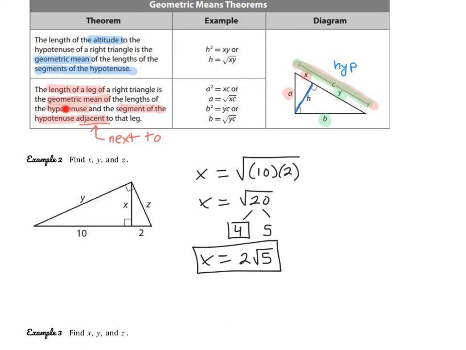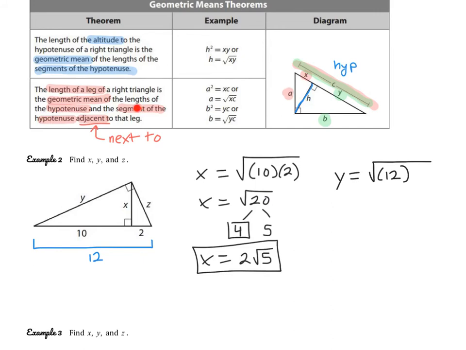So we're going to use the second one here. The length of the leg, so let's say y, is the geometric mean, so it's going to be the positive square root of the hypotenuse. Now here, remember the hypotenuse is going to be this total length, which is 10 plus 2, so 12.